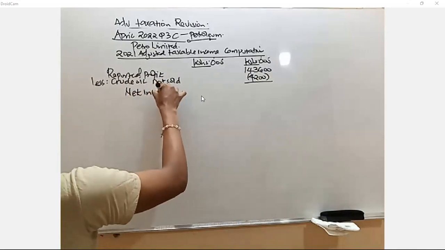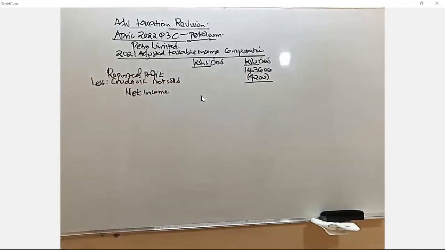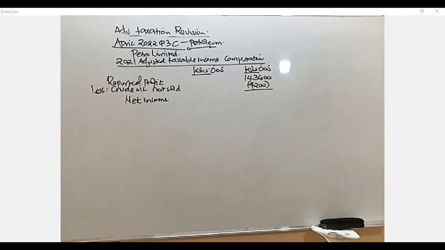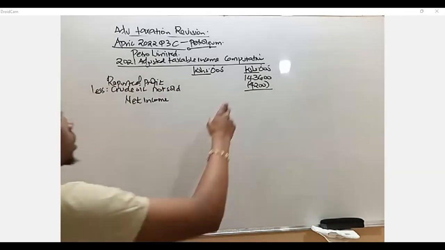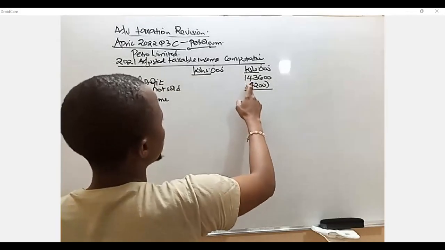Can I ask a question? Yes. The statement says the figure, the 143.6, excludes the crude oil produced but not sold. So the fact that it is already excluded means it's not part of the reported profit, right? When it should not be deducted, it should be added.